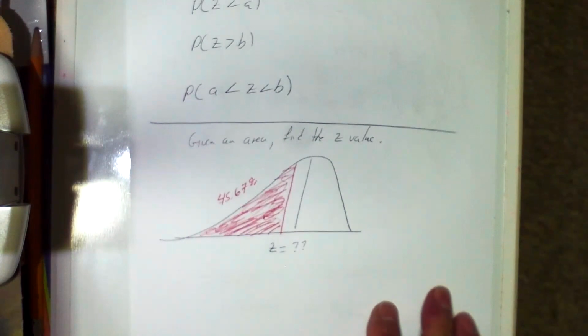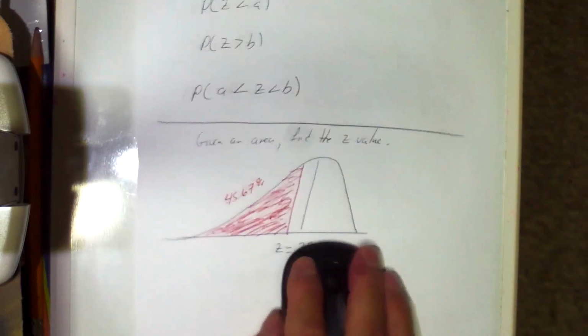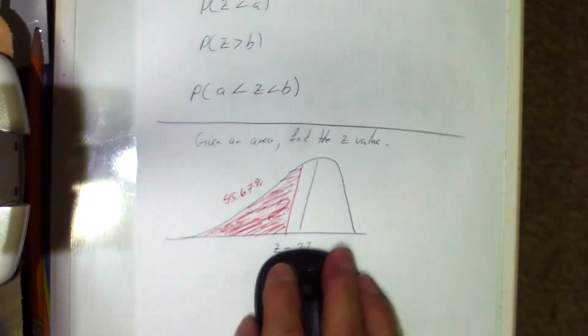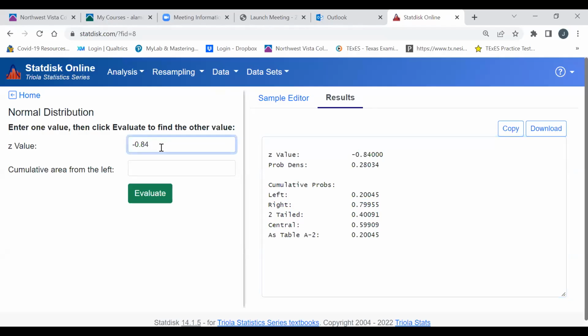So recall that when we went to StatDisk, we entered our Z value in this window, right? The second window is what we're going to be using now. We're going to be given an area, but notice what it says. It says you want the area on the left side.